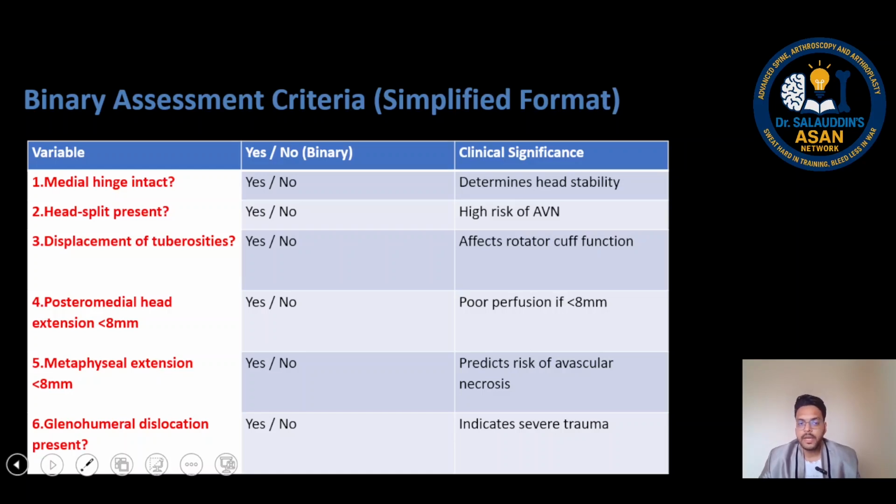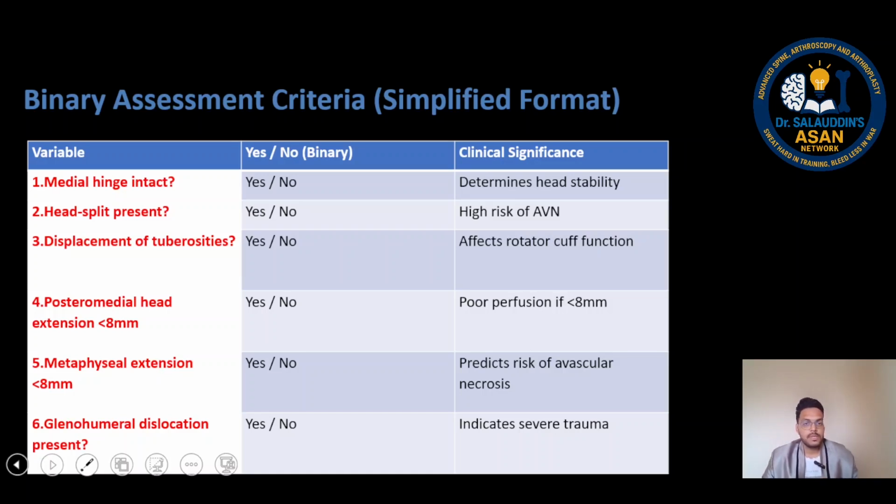If the posteromedial head extension is less than 8 mm, then there is poor perfusion of the humeral head. If metaphyseal extension is less than 8 mm, then there is a high risk of avascular necrosis. And if there is a glenohumeral dislocation, then it indicates a severe trauma. This is a simplified format for the binary assessment criteria or the binary classification.